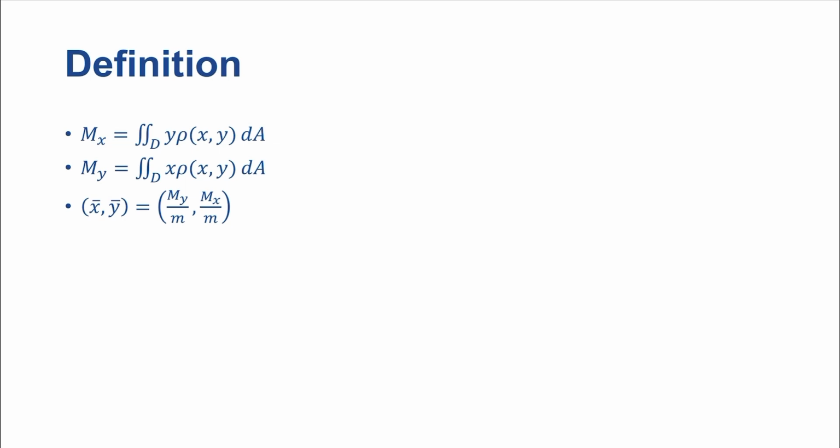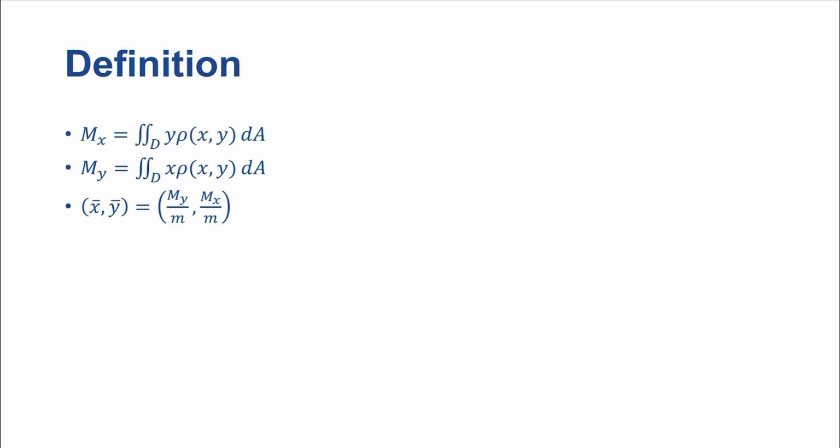We can also define the center of mass as being x bar comma y bar, which is equal to the y moment over the mass, and then the x moment over the mass. You can kind of see the switcheroo that we have here, obviously, because we have x and y components in our integrals that are swapped.